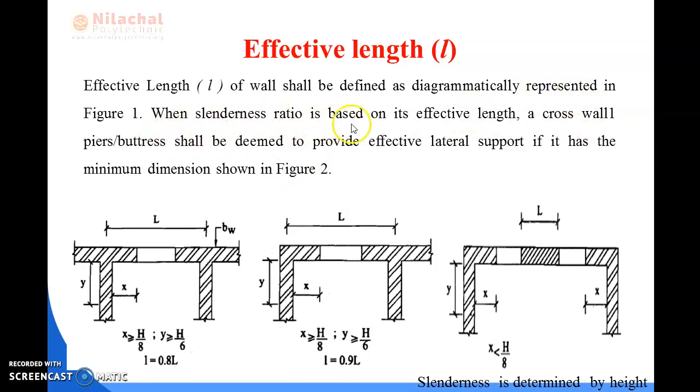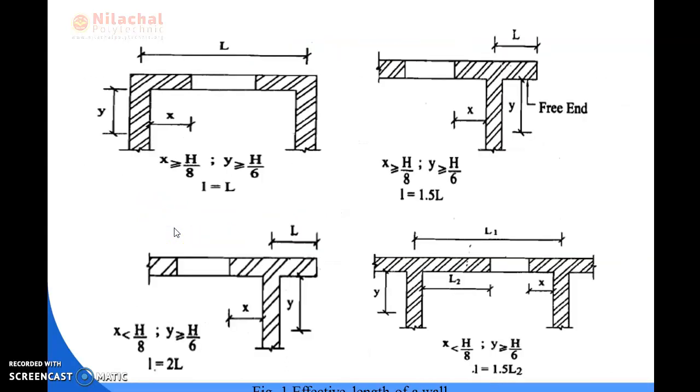When slenderness ratio is based on effective length, a cross-section wall, that is piers or buttress, shall be deemed to provide effective lateral support if it has the minimum dimension as shown in figure 2. So these are the effective lengths of the wall according to various purposes.